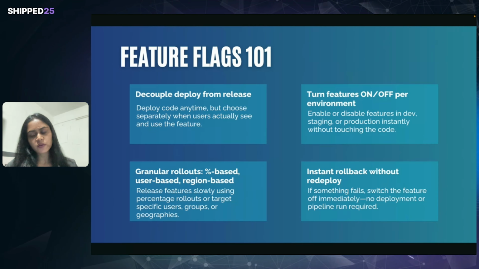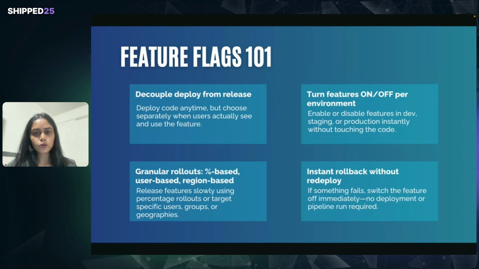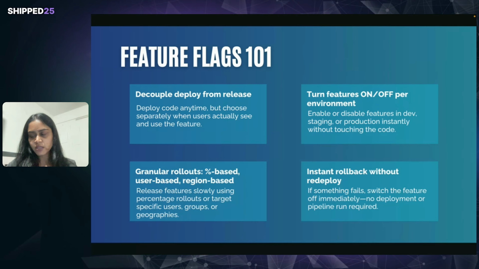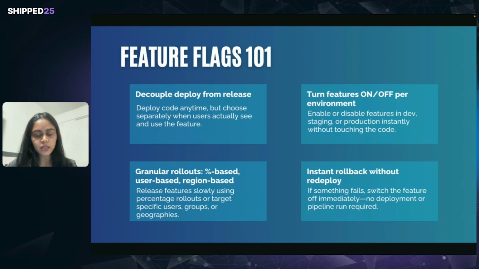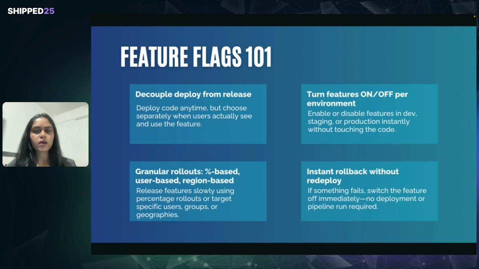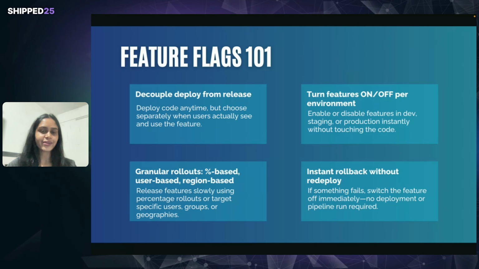And suppose something fails, something is breaking down, then rolling back to the previous stable version is going to be really very quick. That's going to be really instant. You just need to turn the flag off, and there won't be any kind of downtime. So this process is going to be very instant.